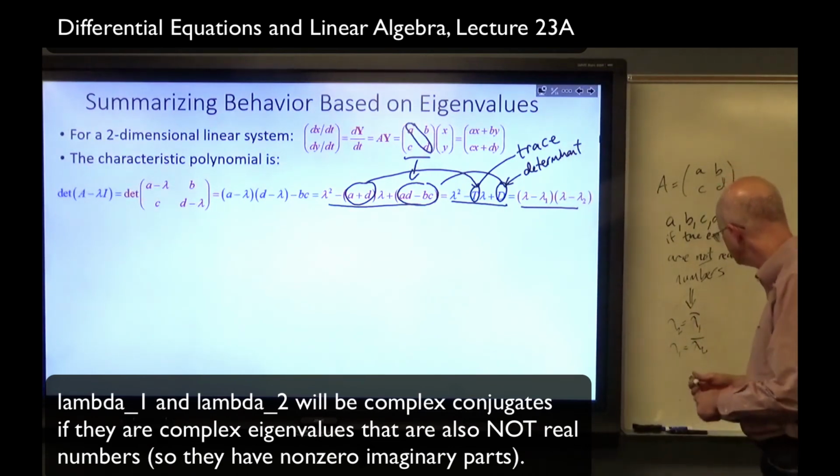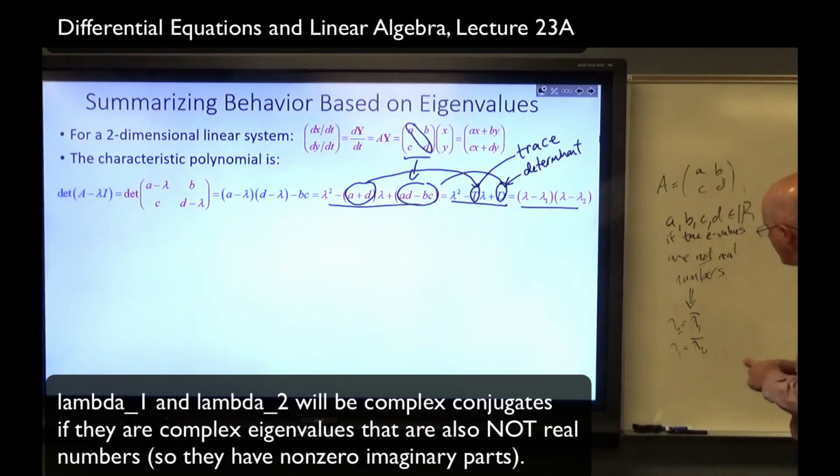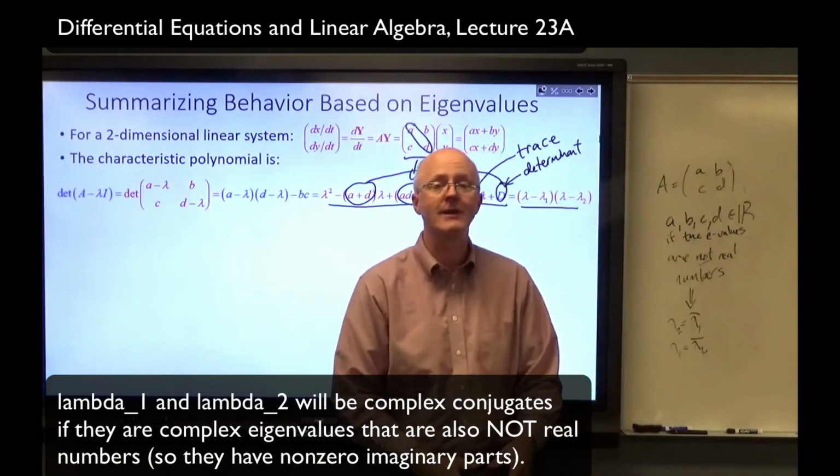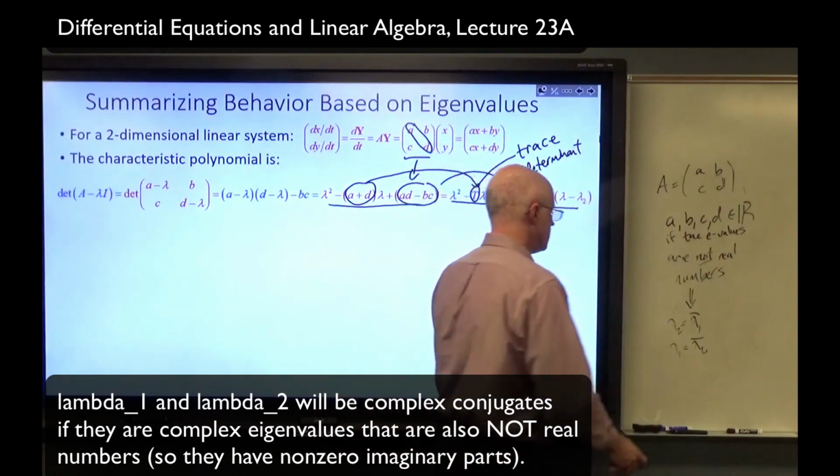Just like for our example, we got negative 1 plus or minus 2i. Doesn't have to be the case, and usually not the case when you've got real eigenvalues.